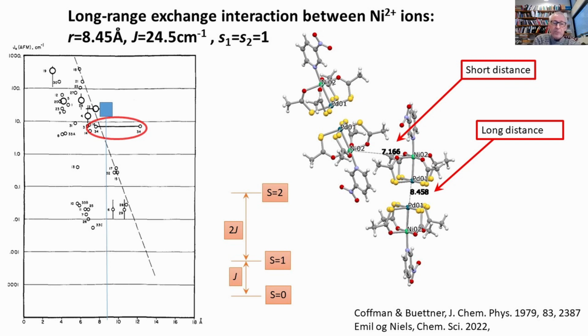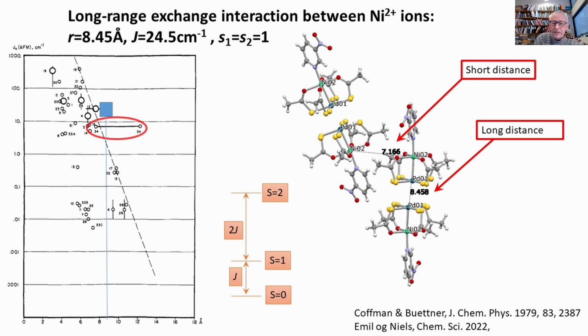But already at that point, he noticed that there was a very, very large J value corresponding to a very large distance. And he made a drawing of the crystal structure and saw a situation similar like this one here to the right, and noticed that there, in that crystal structure also was one distance which was very much shorter. So he moved that point inside the line and all was good.